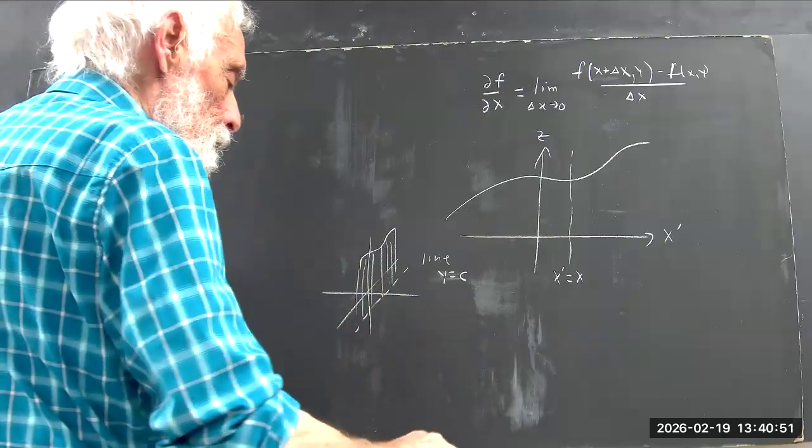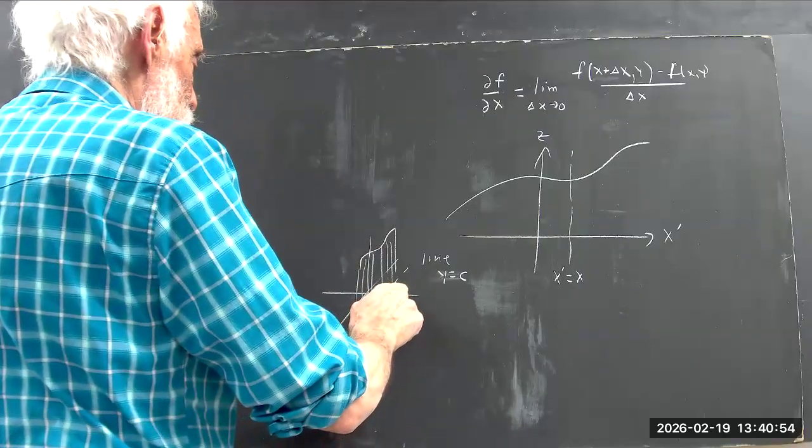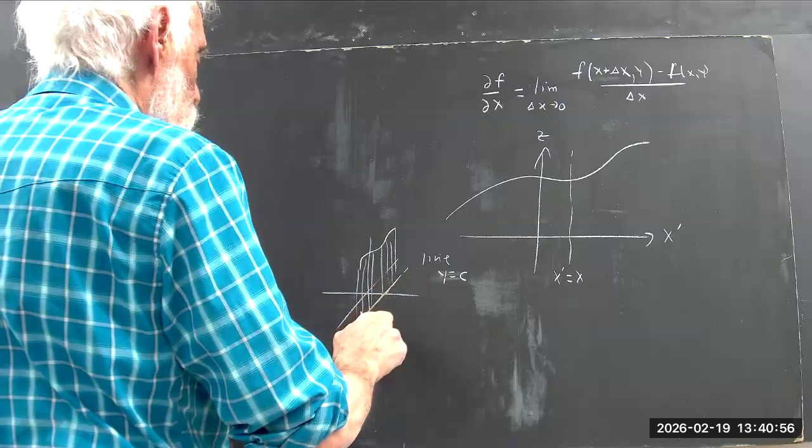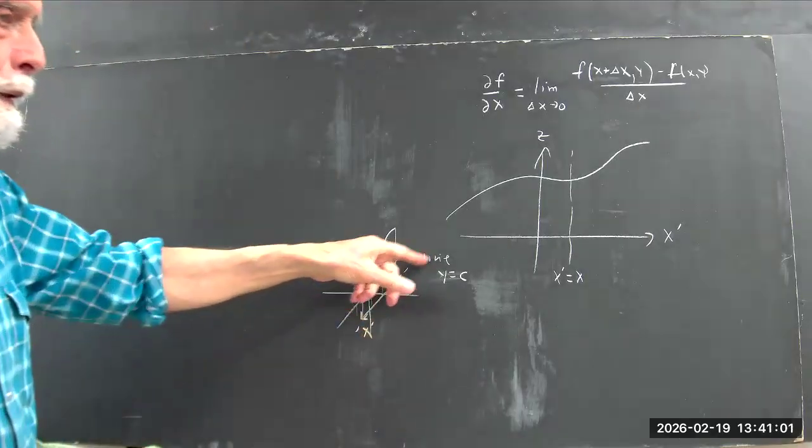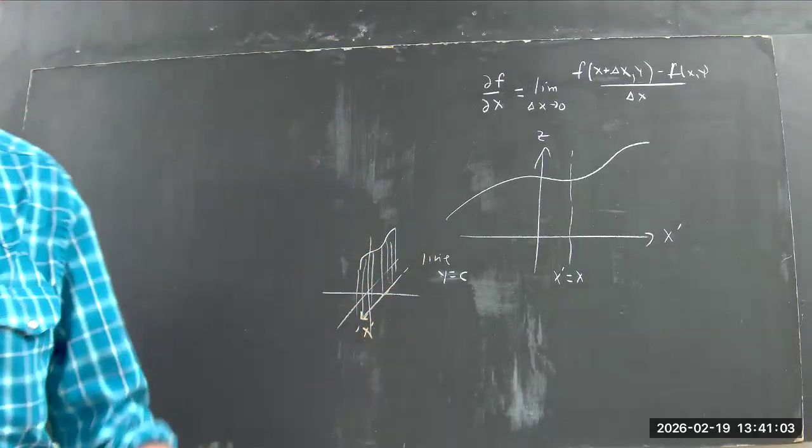By x prime, I mean an axis along this line. It's just your temporary x-axis if you're in this plane.